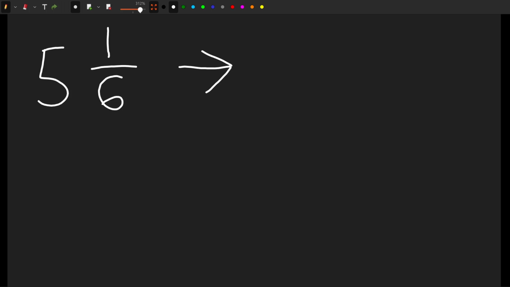Technically, there is a way around it, but it can get a little hairy. I just prefer to convert them to improper fractions first, and then work it out like we did with 17 over 4. So 5 times 6 is 30. Add the 1 on top, we're going to get 31 over 6.